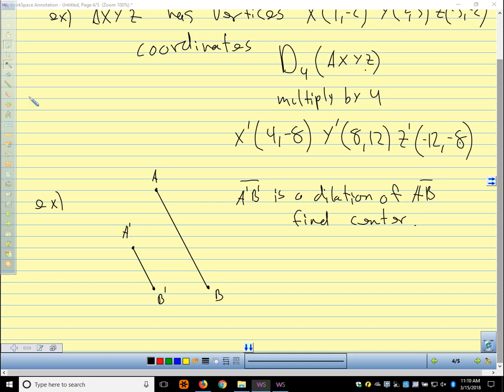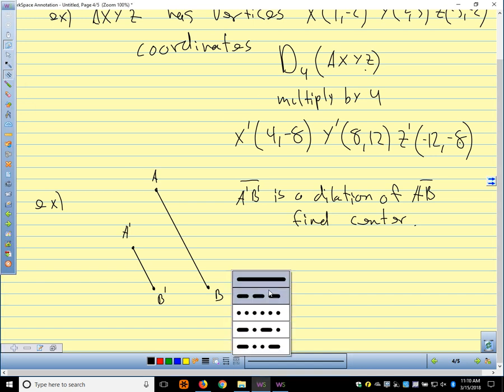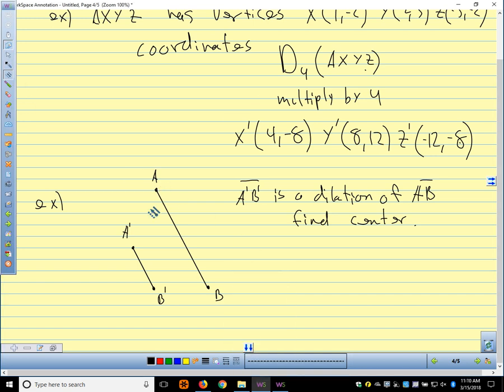So let's draw a ray that goes through A and A prime. The center has to be somewhere on that ray. And we know that B and B prime and C, the center, are on the same ray. So let's draw that ray. It's really that easy. Where those two meet is the center.